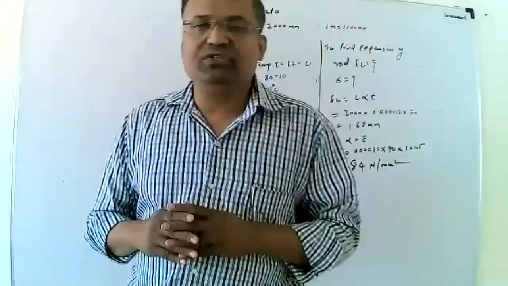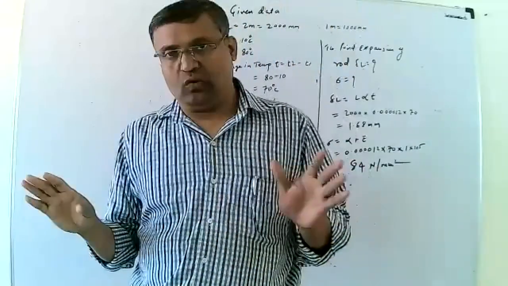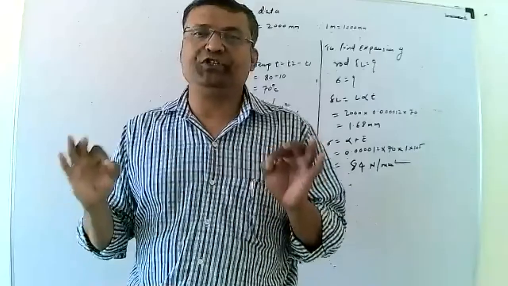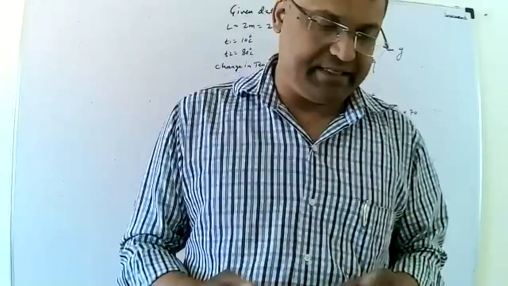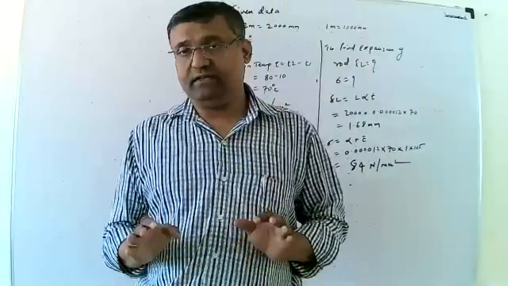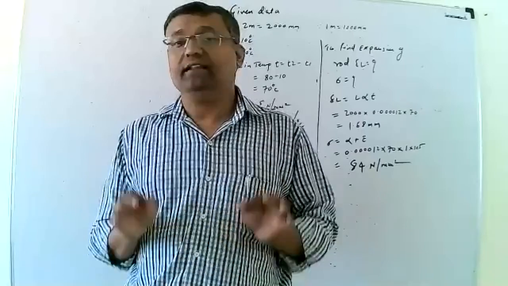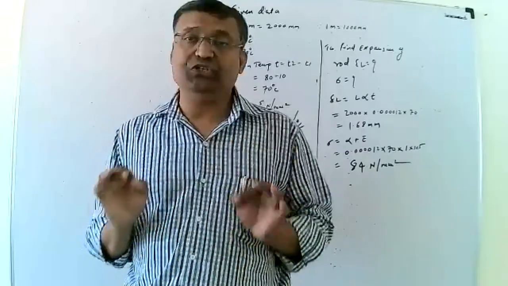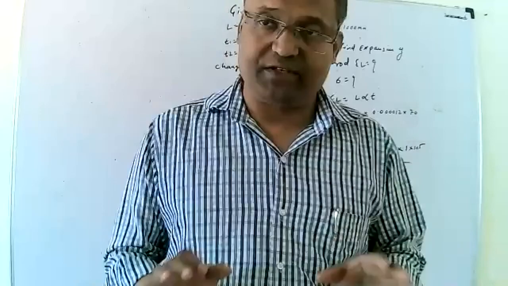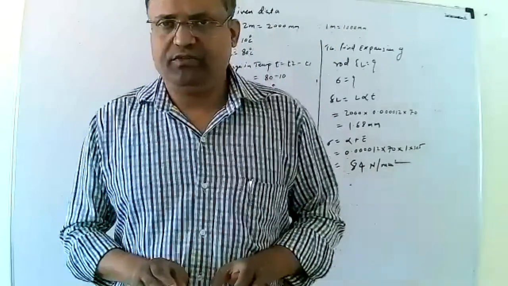Then take alpha, the coefficient of linear thermal expansion. The value is always constant, 12 into 10 raised to minus 6 per degree Celsius. The value of E is also constant. E means Young's modulus of elasticity, and that value will be 2 into 10 raised to 5 Newton per mm square. That value is always constant.